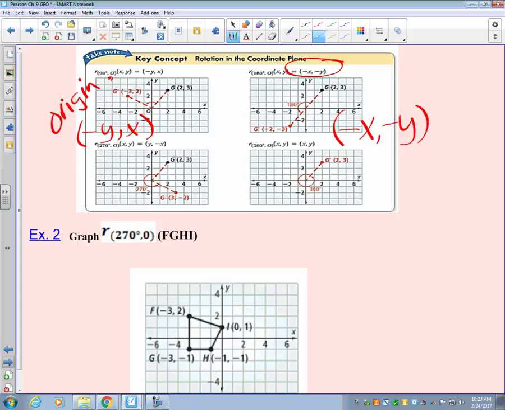All right, 270 is a hard one as well because I just forget which order things go in. We take whatever is in the y coordinate and we put it first, and whatever is in the x coordinate, we put it second, and we change the sign. So y, negative x.